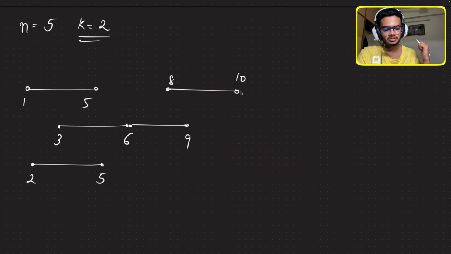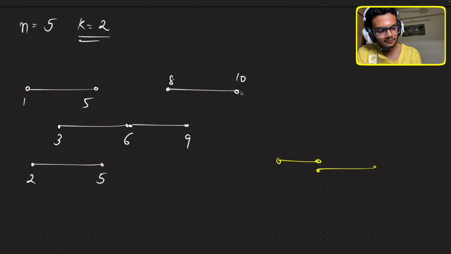I hope you remember that question. Here k equals 2 means two overlapping movies can be watched simultaneously. The club has two members now, so let's see how we can assign members here. Don't forget, a person can watch a movie if the starting time is greater than or equal to the previous movie's end time.